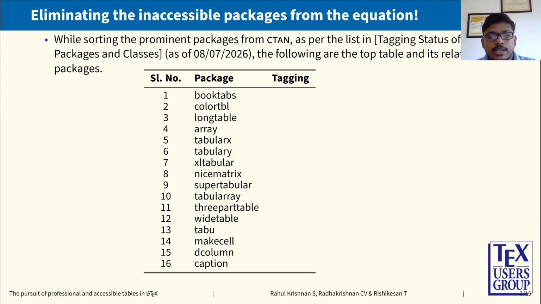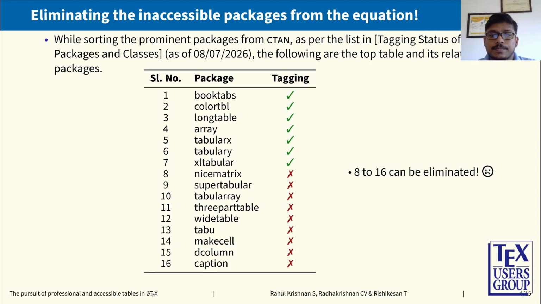Among this list of 16 packages, these 8 to 16 packages can be eliminated. But we can typeset a good table using these: booktabs, colortable, longtable, array, tabularx, tabularray, and tabular. These packages can create accessible and good aesthetic tables.